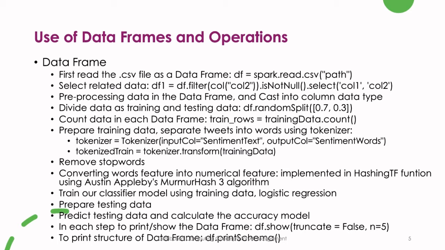So it is filtering out the data we want to process. Then pre-processing data in the data frame according to the requirements. We have to pre-process the data in order to use it for sentiment analysis, and also casting into column data type. Then dividing data as training and testing data.